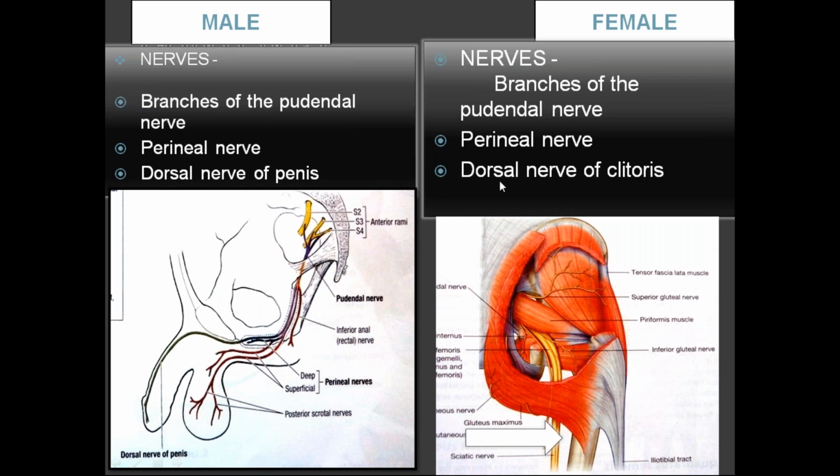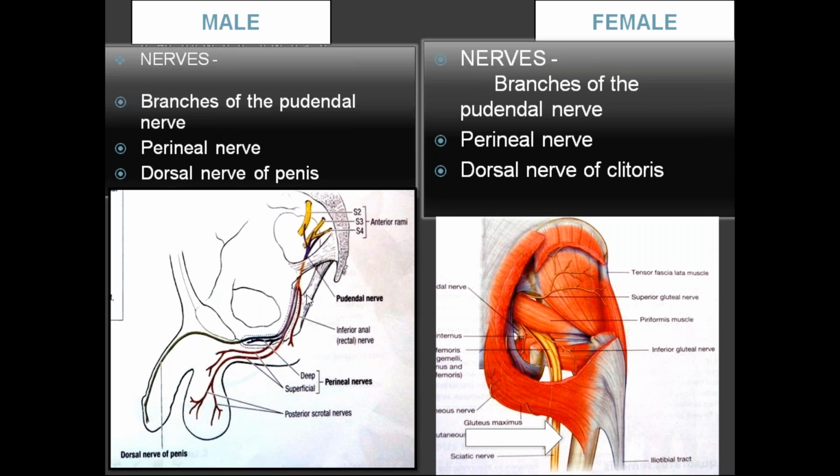So perineal nerve and dorsal nerve of the clitoris, these are the branches of pudendal nerve. So branches of pudendal nerve are situated in superficial perineal pouch. These are the terminal branches of pudendal nerve. Terminal branches, right?